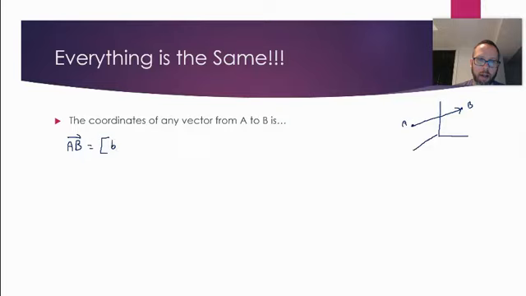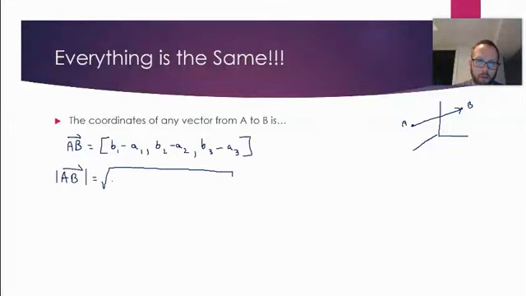So to get the x value, I do B1 minus A1, and then B2 minus A2. We would have stopped there in R2, but now we have a third component, a z, B3 minus A3. And the magnitude of that vector would just be like a 3D Pythagorean theorem: B1 minus A1 squared, B2 minus A2 squared, B3 minus A3 squared.